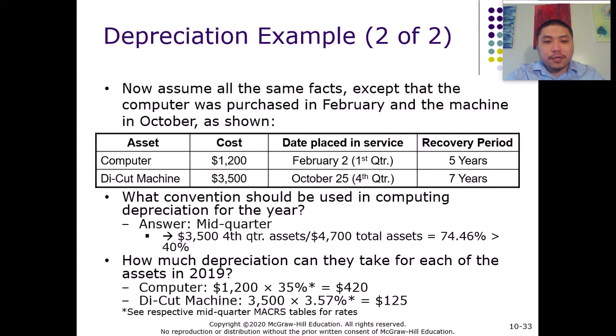Now that we know the convention is mid-quarter, we have to find the rate. Remember, computer is 5 years, machine is 7 years. The computer is put into service in the first quarter. So let's go back.